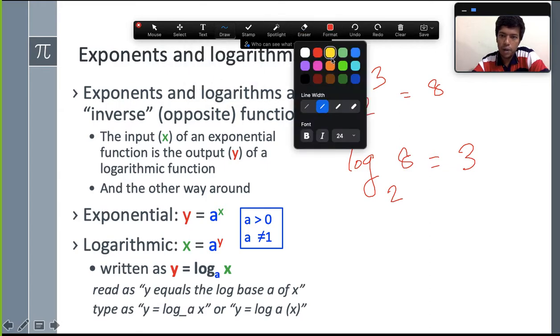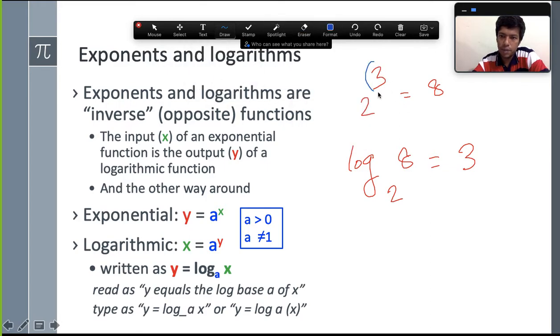So this power goes to the other side, and this number here comes here. That is the reason why you can see this x came here, like from this line to this line.